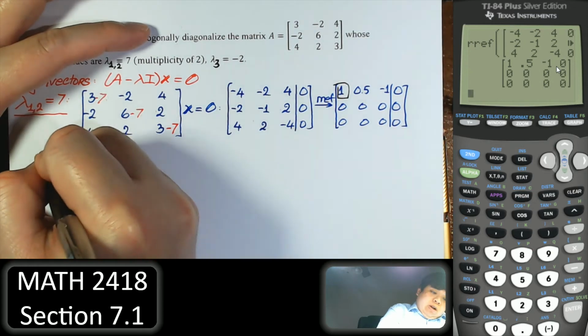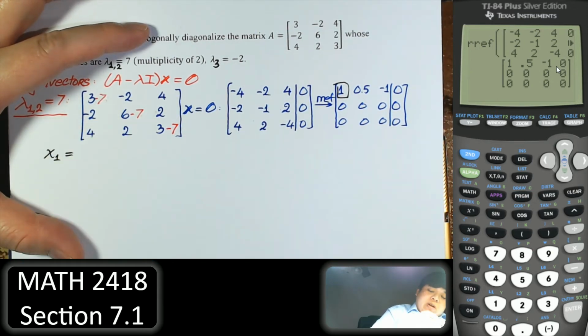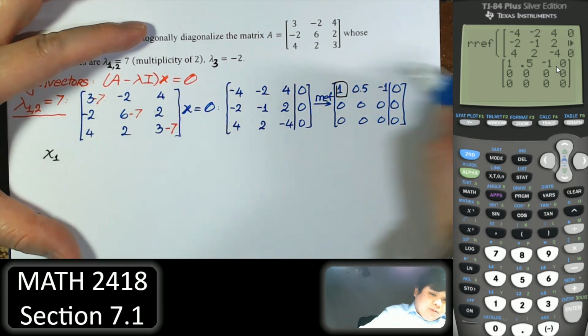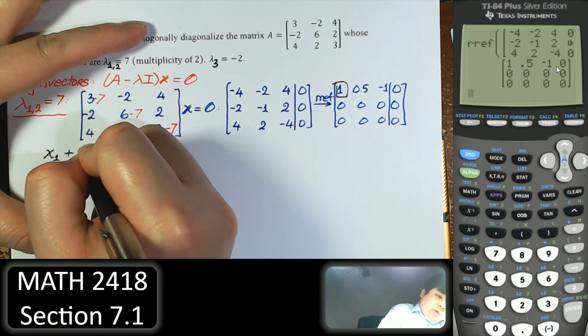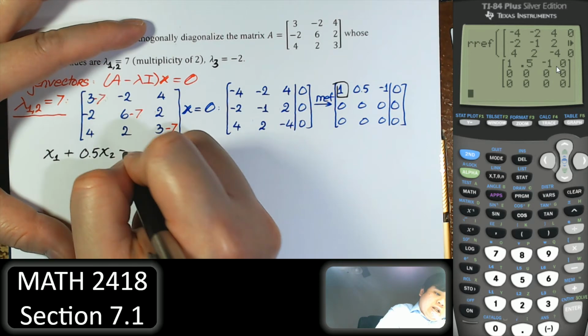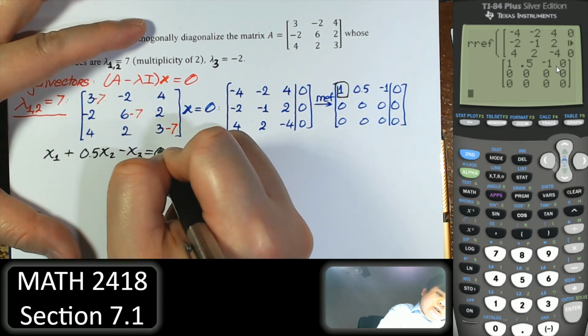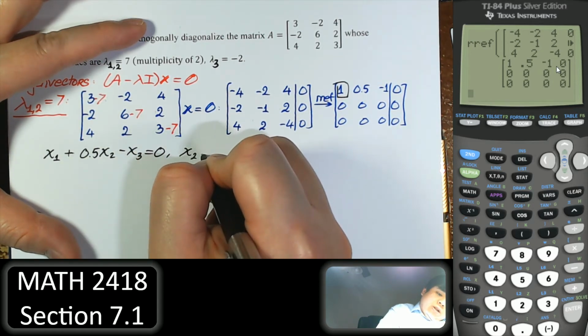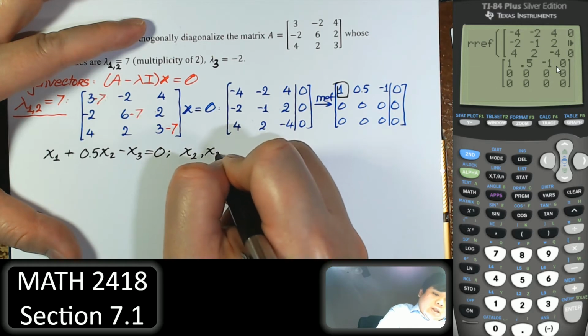So we have x1 plus 0.5 x2 minus x3 equal to 0, and x2, x3 are free.